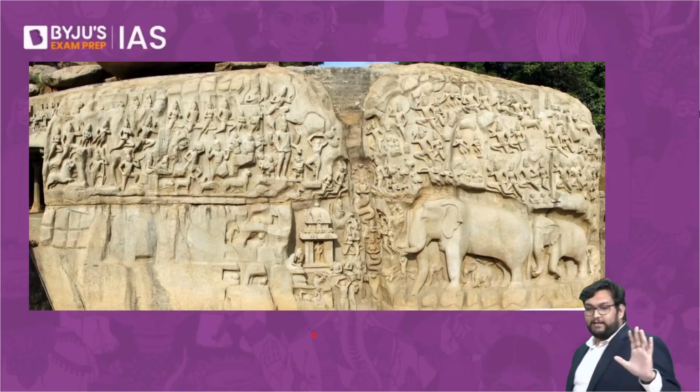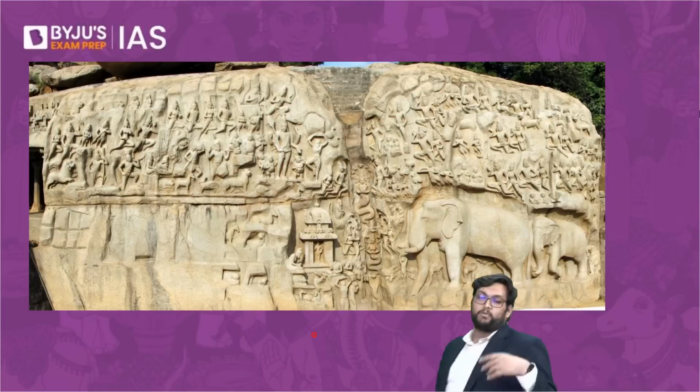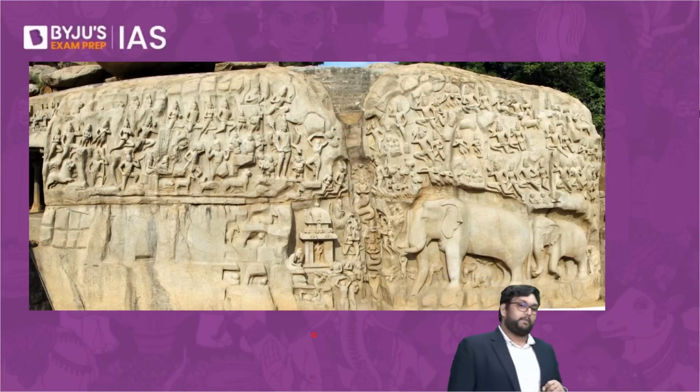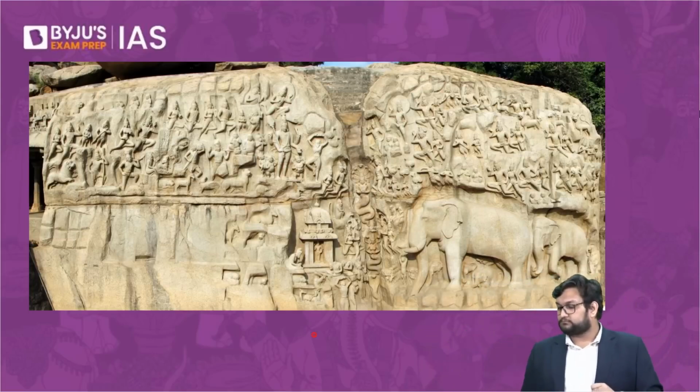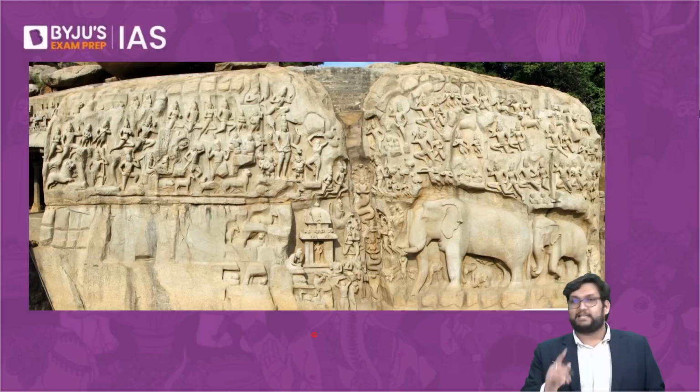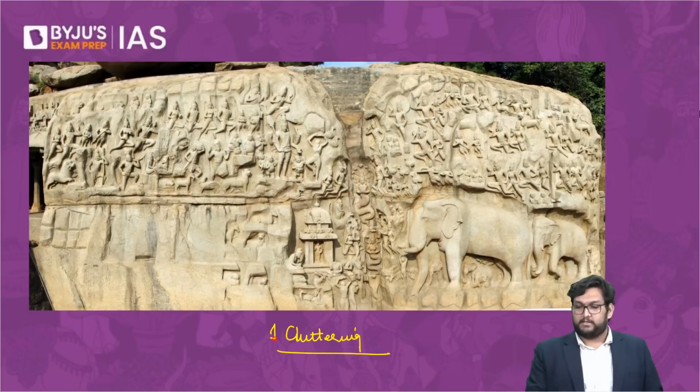They have taken one rock and started to carve on it. What is the biggest issue here? First, it is cluttering. Too much has been shown here. Second comes scale.